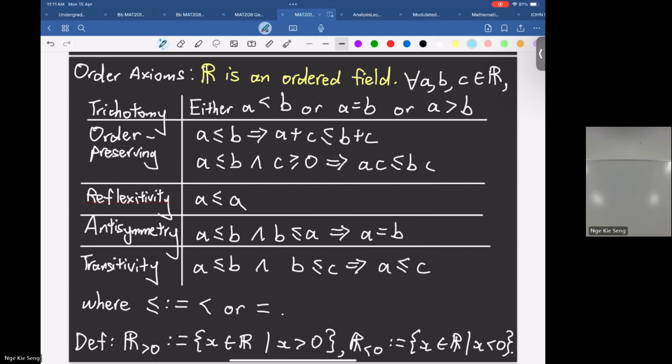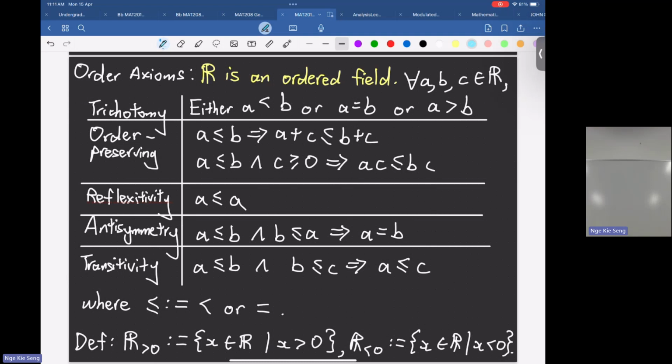Not equivalence. Equivalence is symmetric, but here it is anti-symmetric. So what kind of ordering do you get? Partial ordering. So actually this less than or equal to is a partial order. And then this partial order comes with this order preserving property, and also the trichotomy.